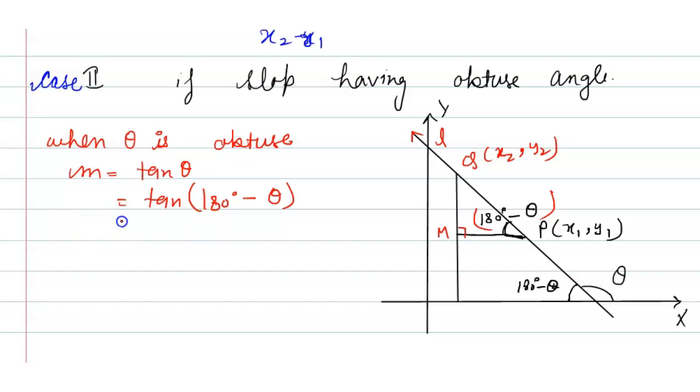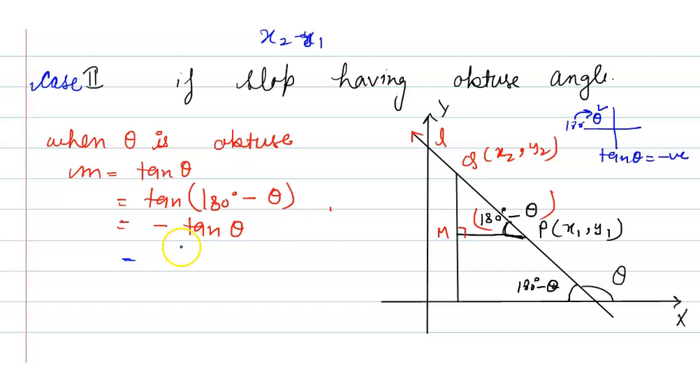So we write minus of tan theta, because 180 minus theta lies in the second quadrant, and in the second quadrant the value of tan theta is negative.